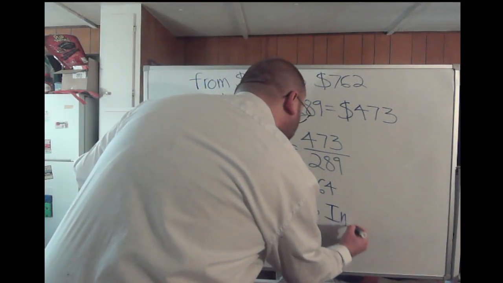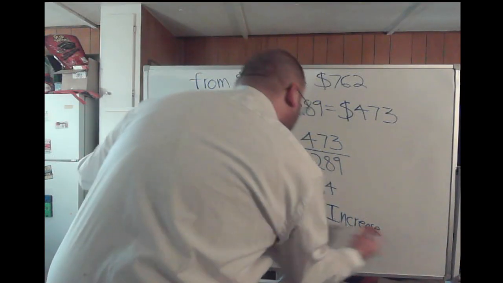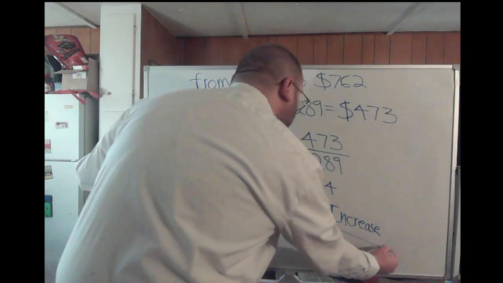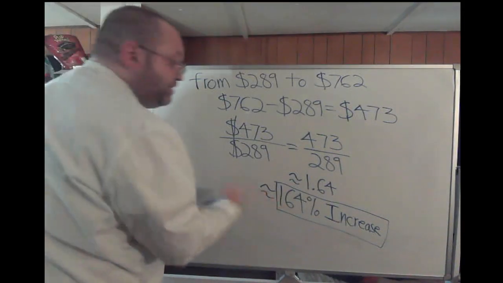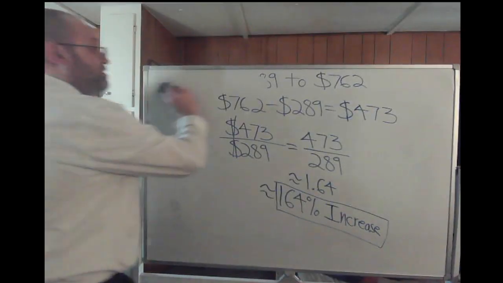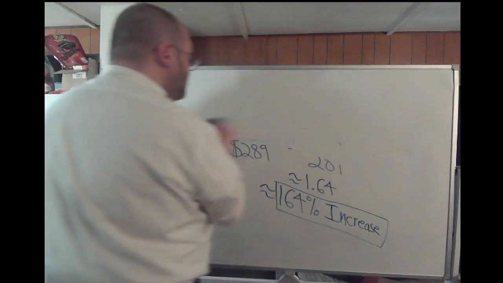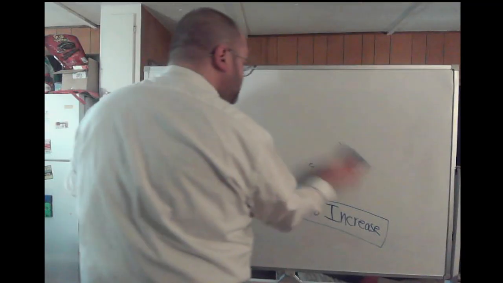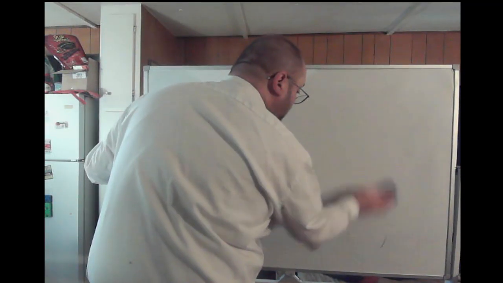So your bank account has seen an approximately 164% increase in money, which would be nice. If we could all increase our bank accounts by 164%, that'd be nice, I'm sure. But we're about to get into some decreasing problems.